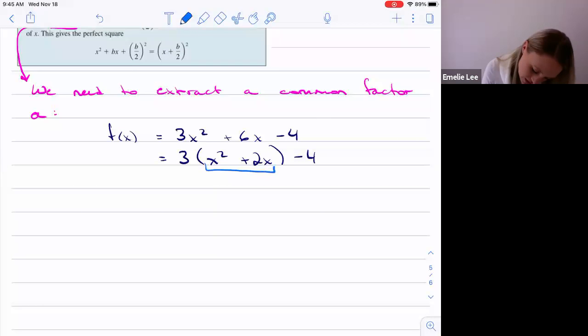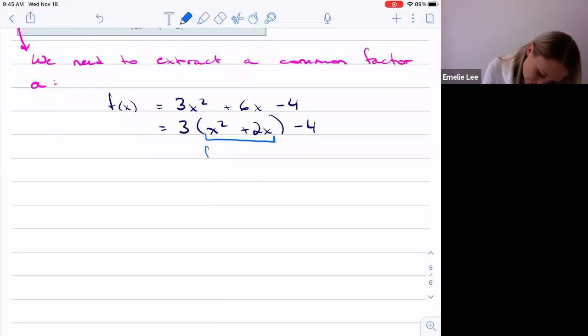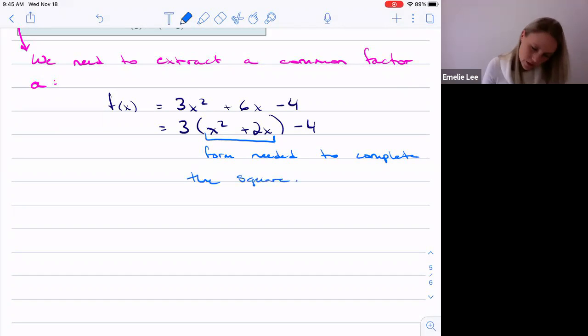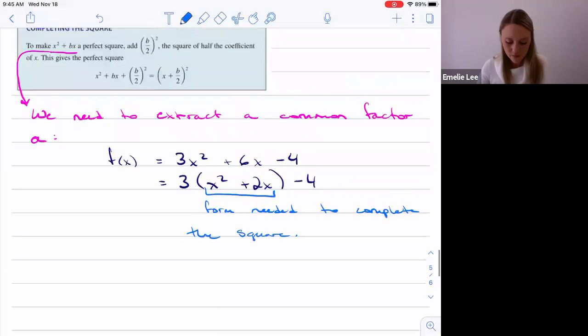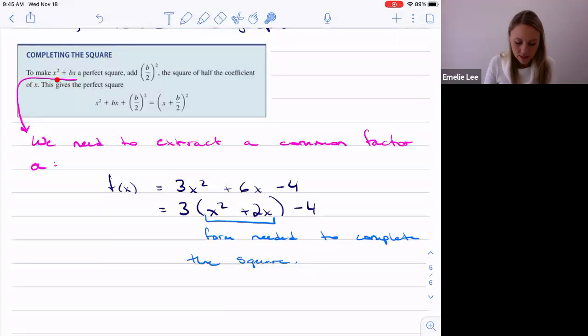Because this is the form needed to complete the square. To make x squared plus bx a perfect square, in this case we have x squared plus 2x, so b is equal to 2.